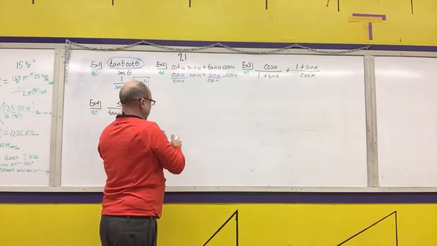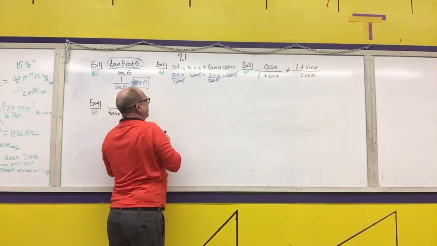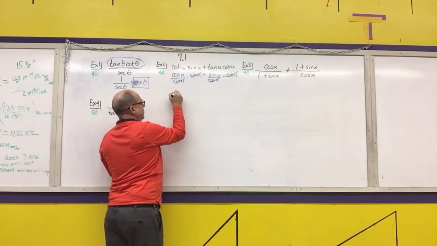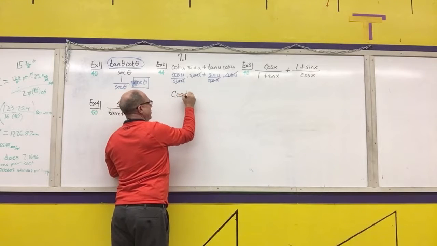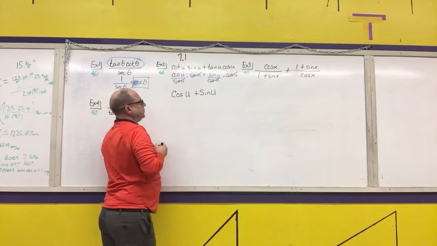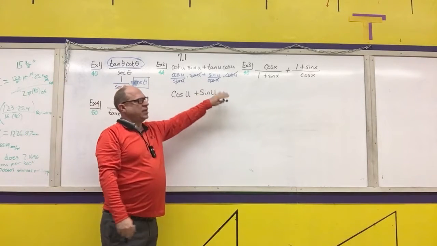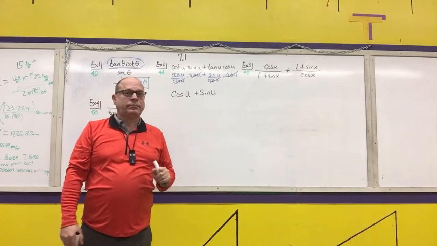And you should notice that the cosines cancel here, sines cancel here, and the final answer is going to be the cosine of u plus the sine of u. So again, I turn them into all sines and cosines, then simplified from there.